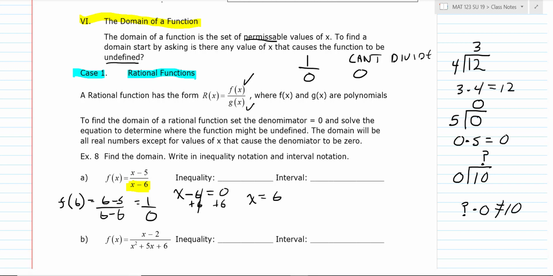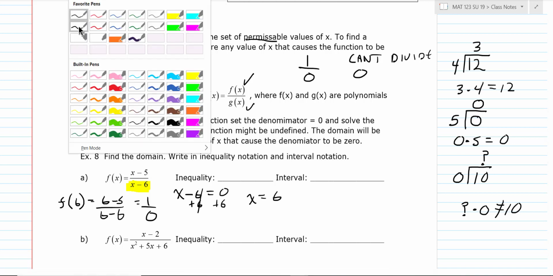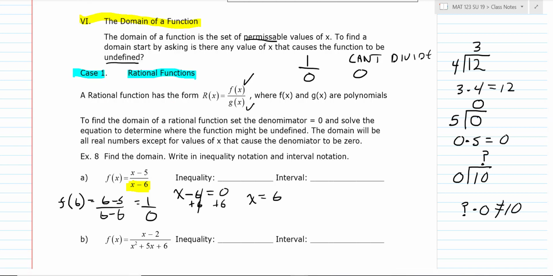The way you can do this, and I want to show you this inequality first of all, is to graph the solution, the domain, on a number line. The key thing is you have 6. The problem is you can't be equal to 6, but you can be everything else.